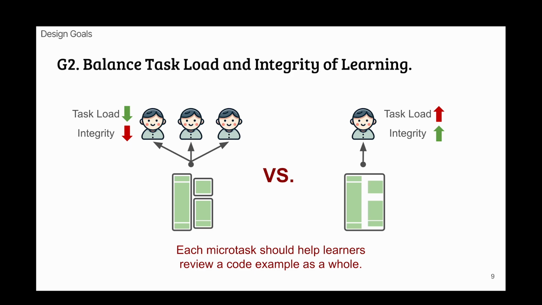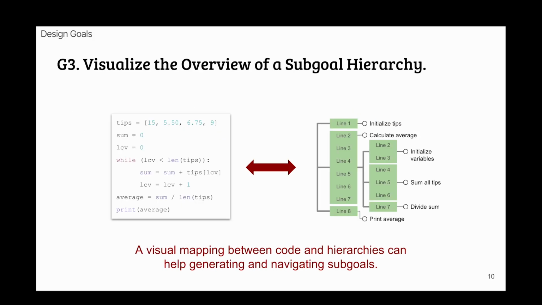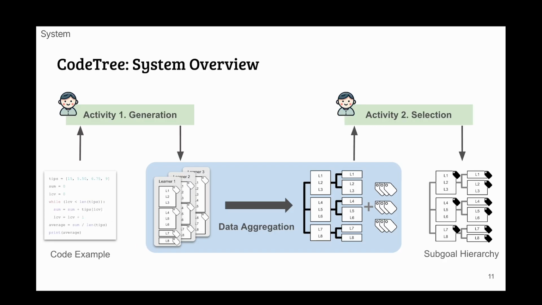But at the same time, we have to ensure that each microtask helps learners review a code example as a whole. Lastly, we wanted to support generating and navigating subgoal hierarchies by providing a visualization that maps hierarchies to code examples. Following the 3 design goals, we built CodeTree, a learn sourcing system that generates high-quality subgoal hierarchies while supporting reviewing of code examples.